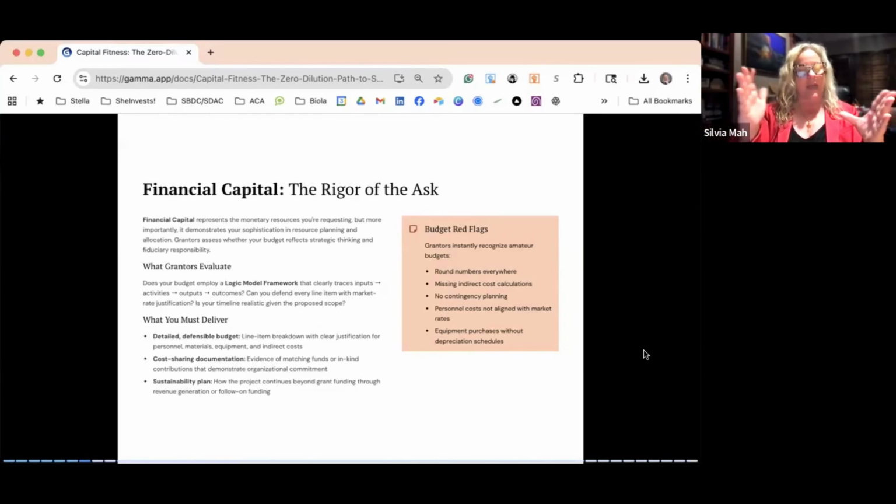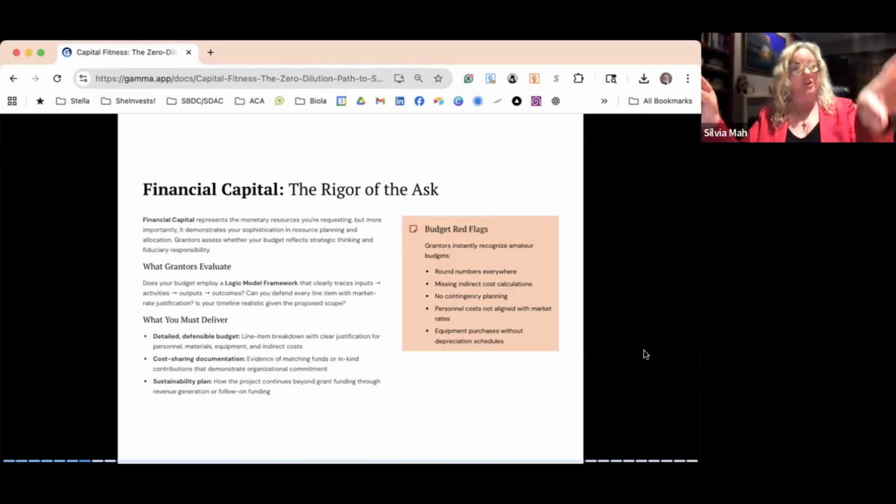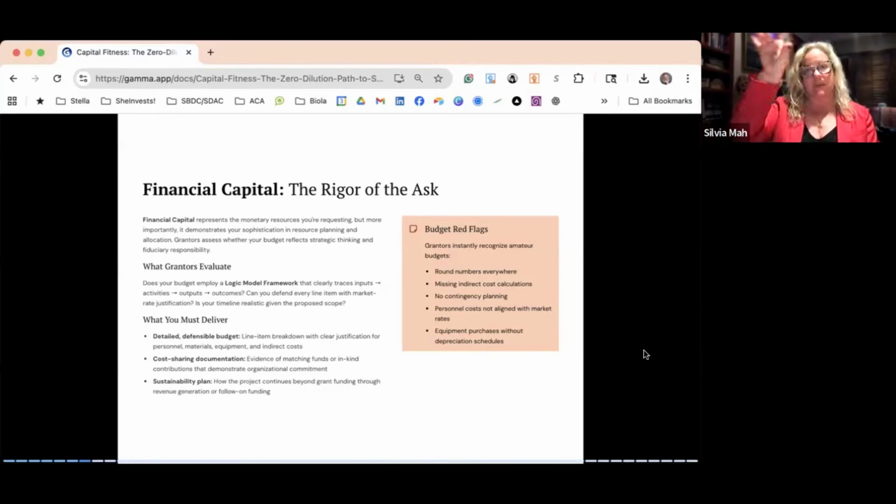So think about financial capital for non-dilutive capital: they will probably want some kind of return on impact as well as return on investment. Investors are going to double take into the return on investment. The grantors and the non-dilutive funding foundations are going to double click onto return on impact.